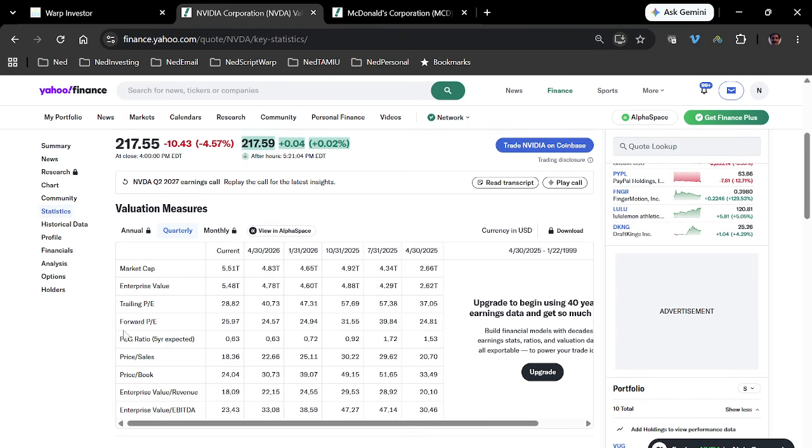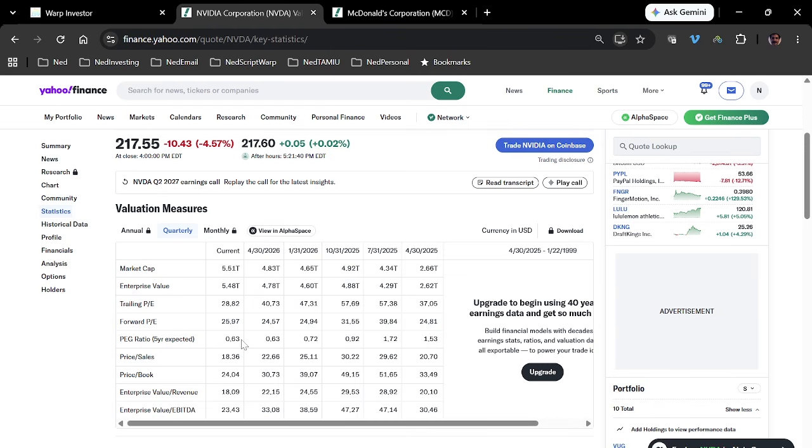The PEG ratio here is calculated as the trailing PE, this number here, divided by the growth rate expected in the next 5 years or so. So if the growth rate was 28%, I would have 1 here, but the growth rate is probably significantly higher, and this is why I have this PEG ratio here, 0.63.